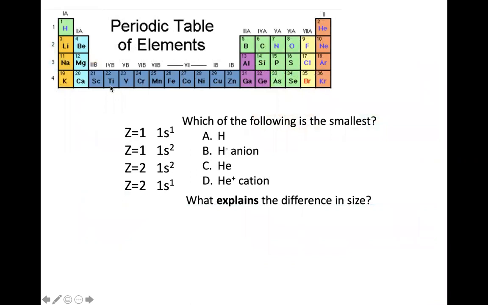Recognize that when we're talking about the order that they're adding in, an atom doesn't know what the previous order was. Meaning, a scandium atom doesn't know, hey, I got one more proton than calcium. It just knows, if it knows anything, this is the arrangement for that number of protons and electrons.